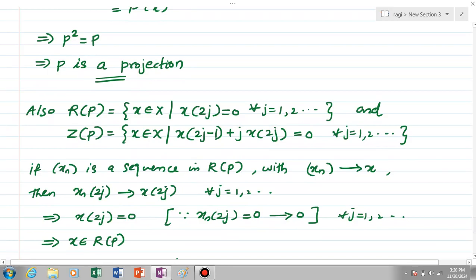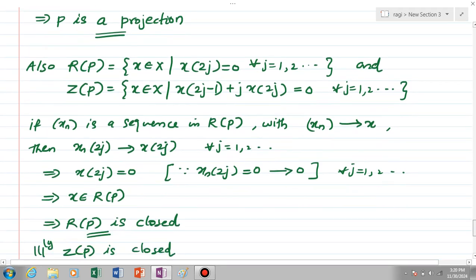This means that x is an element of R(P). That means if we choose a sequence x_n in R(P) with x_n converging to x, then x should be in R(P). This means that R(P) is closed. Similarly, we can say that Z(P) is closed.